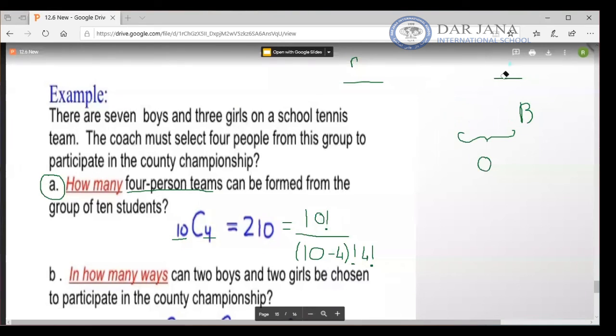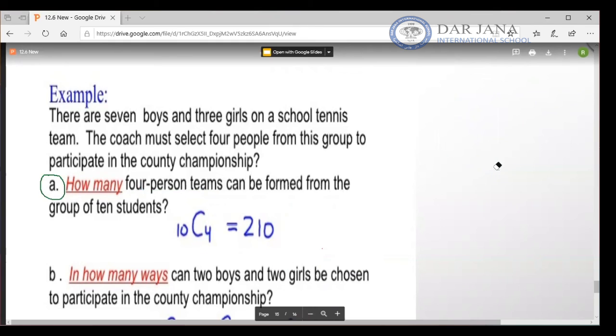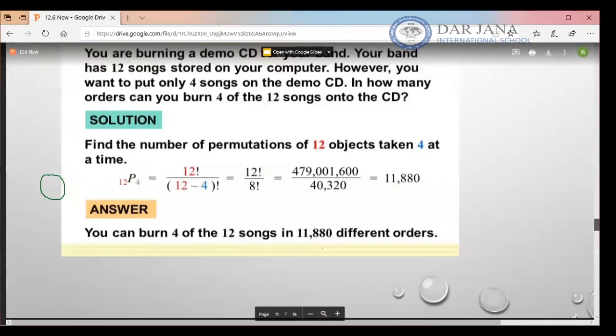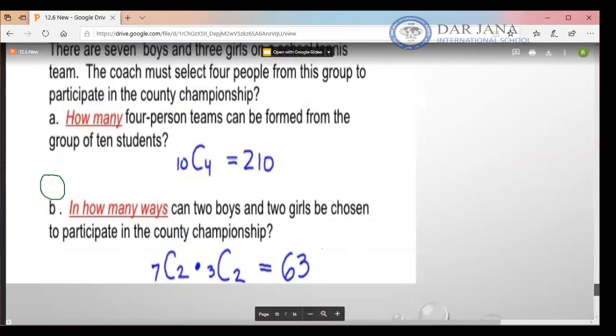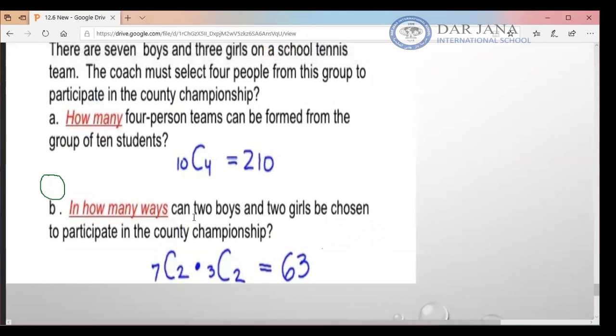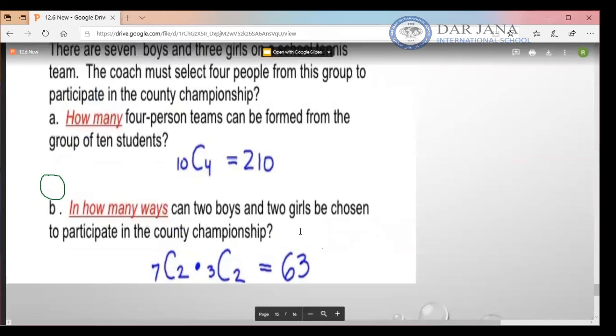Let's erase these here. Okay, and let's go to the next part of the question. In how many ways can 2 boys and 2 girls be chosen to participate in the county championship?